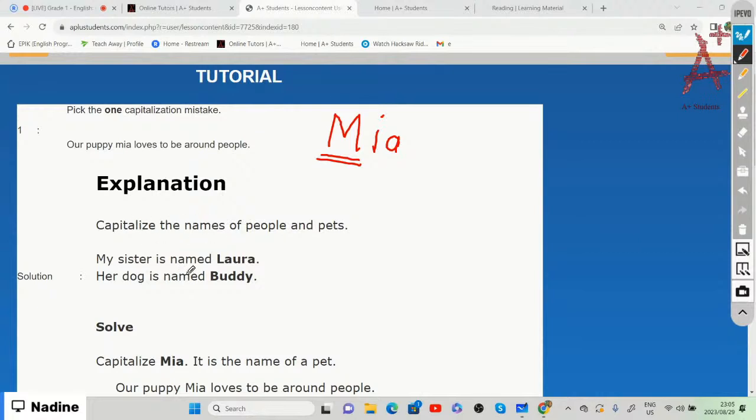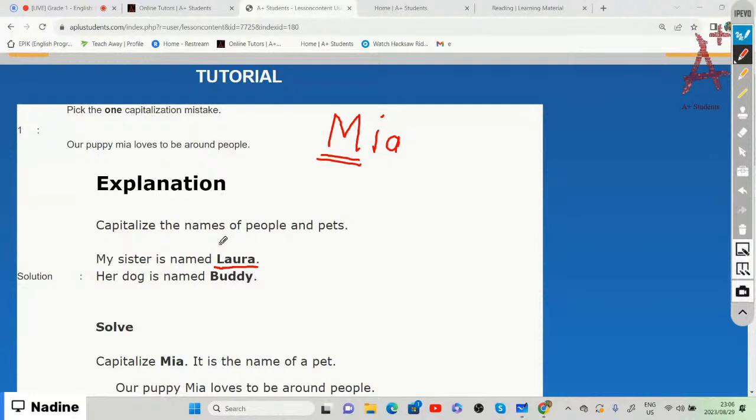So here we have an example that says, my sister is named Laura, right? So Laura is the name of this person's sister. And as you can see, Laura is written with a capital letter L, right?